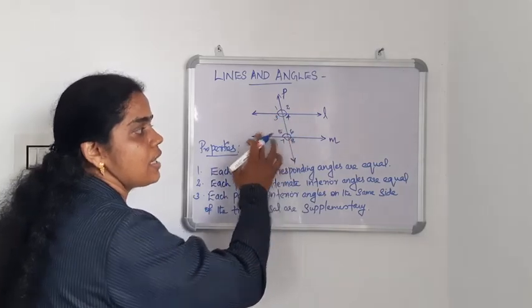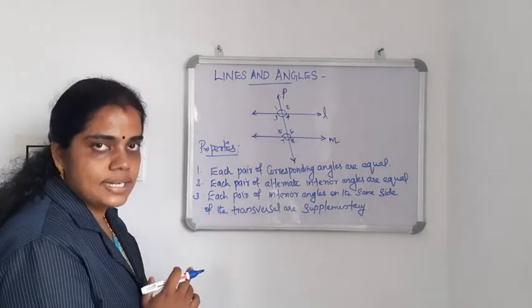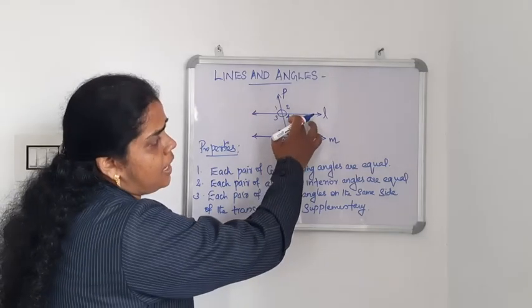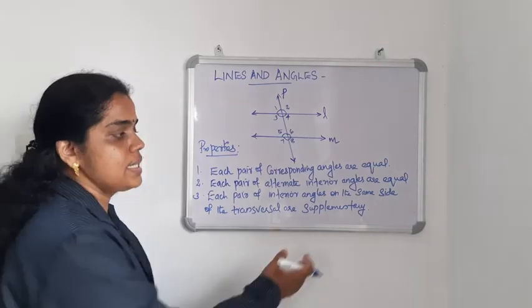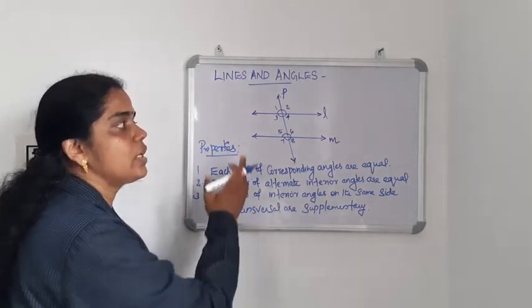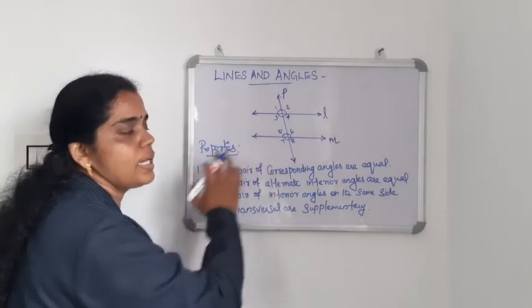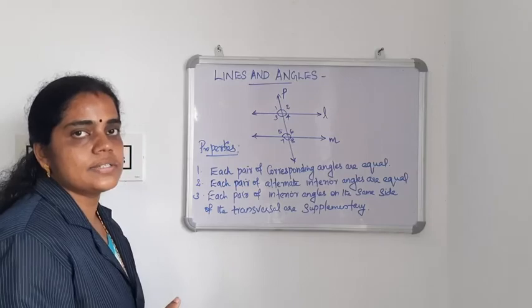Angle 3 and angle 5. If we add them, we will get 180 degrees. And angle 4 plus angle 6 is also 180 degrees. That is supplementary. So these three properties are very important and this holds only in the case of two parallel lines cut by a transversal.